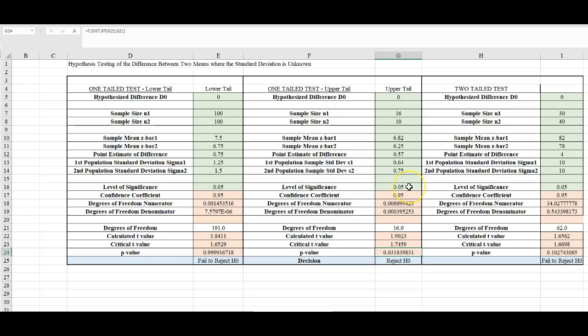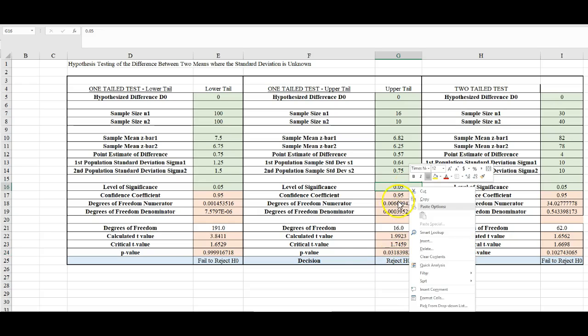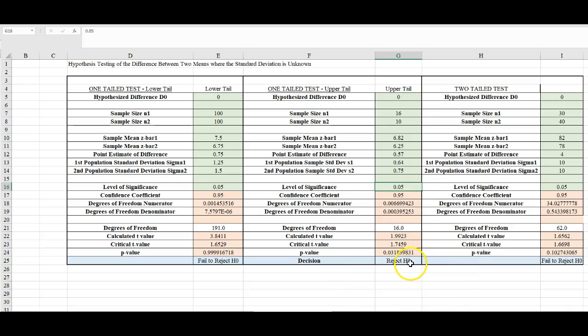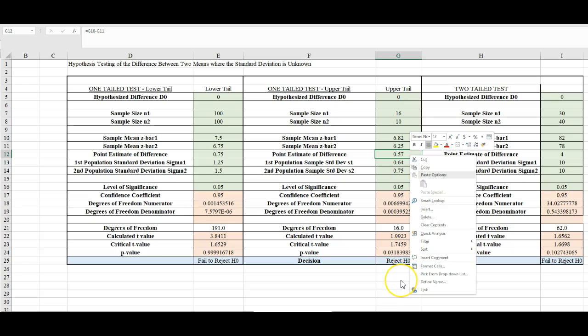And because it is less than our level of significance, we can reject H sub 0 and conclude that we have enough evidence to indicate that the customer ratings for consultant A is in fact greater than the ratings for consultant B. So we can say that our more experienced consultant did receive higher ratings, even though on the surface the difference in those ratings was just 0.57.